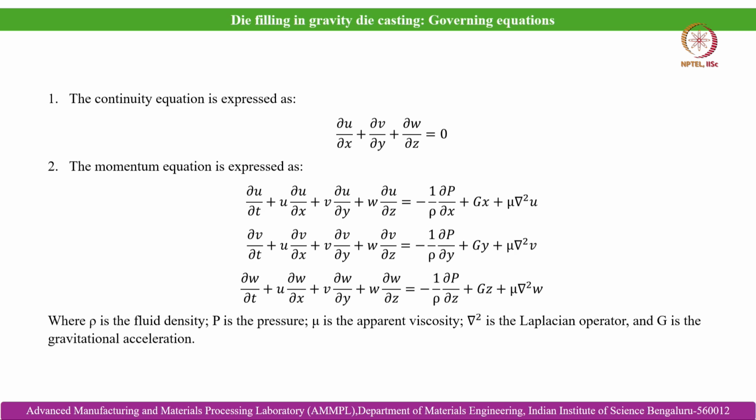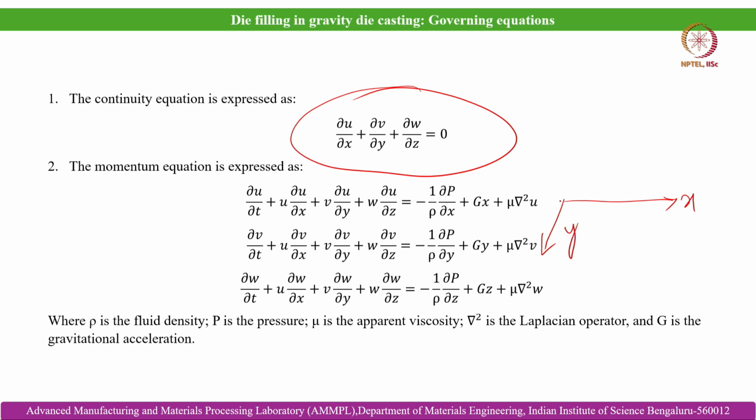So, the equation of mass balance gets reduced to the continuity equation where mass transfer is 0, and then the momentum equation is expressed for the different directions: x, y, and z. It can be written for x like this, for y like this, and for z like this.